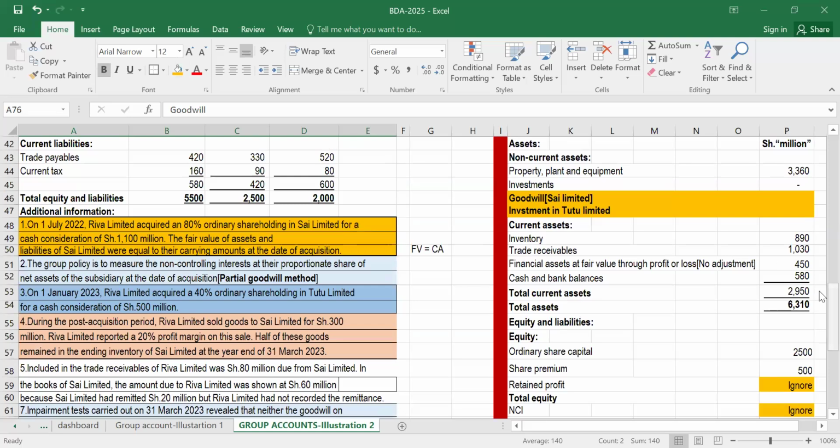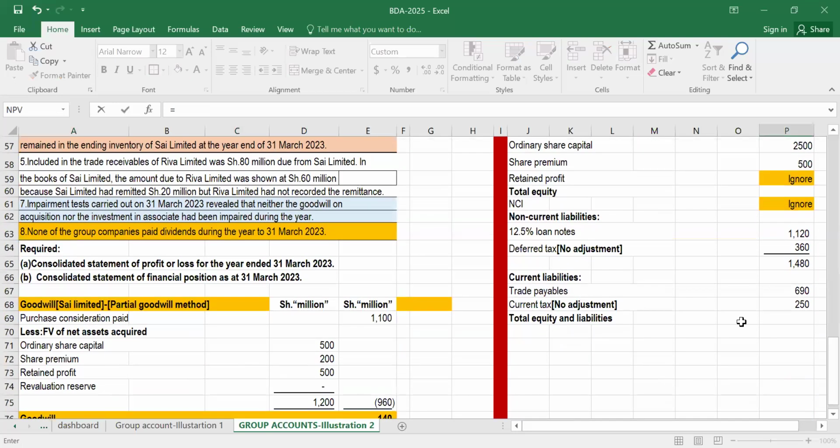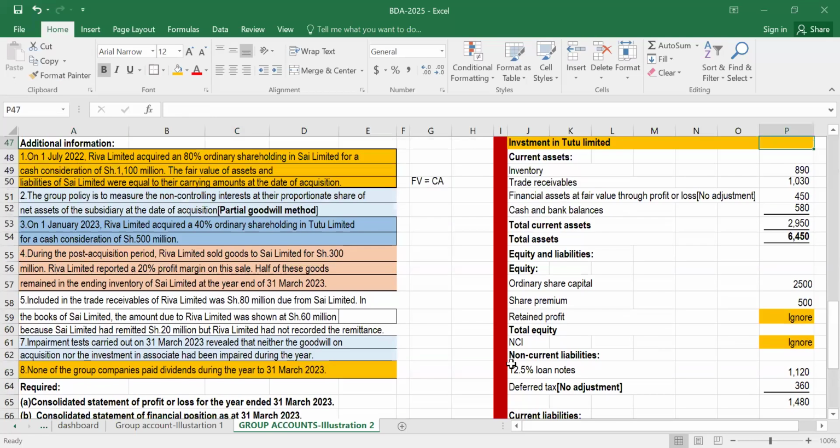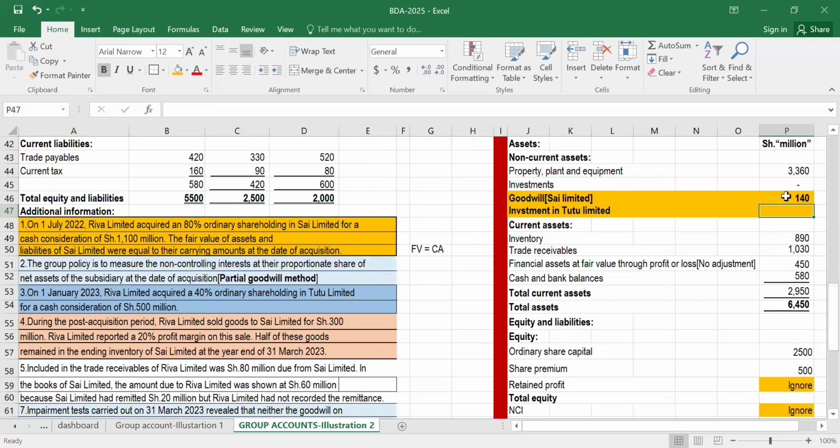So I need to bring that goodwill here. The goodwill on acquisition of ZT, which you have computed here as a figure of 140, I enter. That figure will move up there.